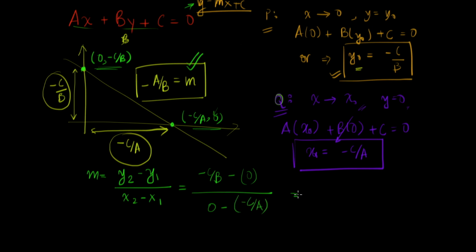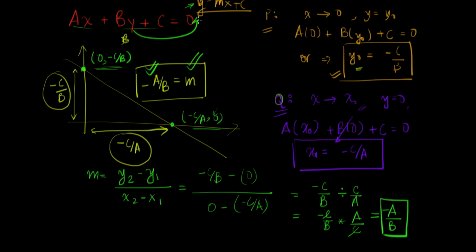We can simplify that to get minus c by b divided by c over a. This turns out to be minus c by b multiplied by a over c. We can cancel that out and we get, once again, minus a by b. Same as what we got when we tried to express the line here and compare the values of m.